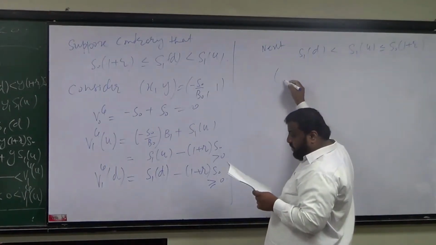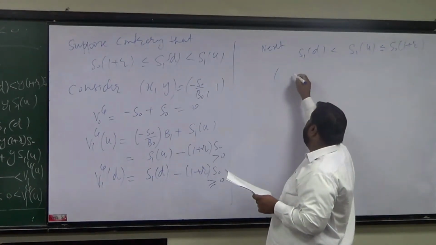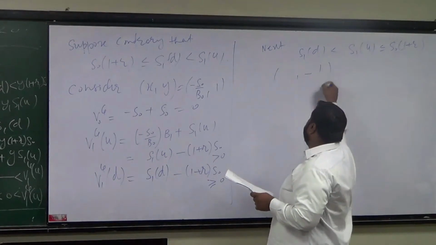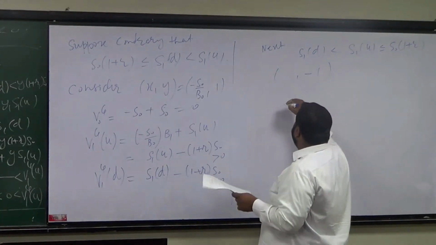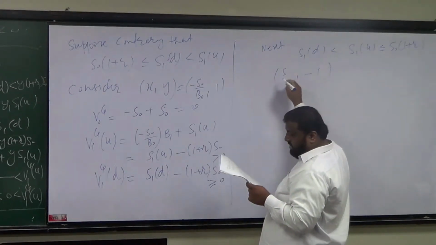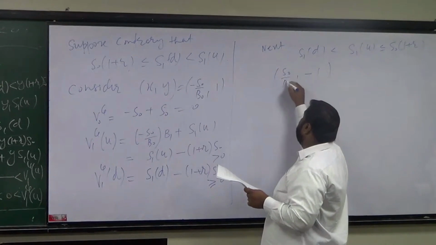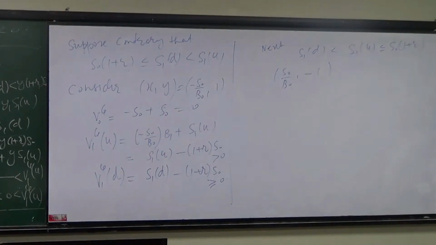In other words, you sell a bond, sell a stock, get money, and invest this much in bonds. And this is going to make sure that you have a guarantee for this amount.